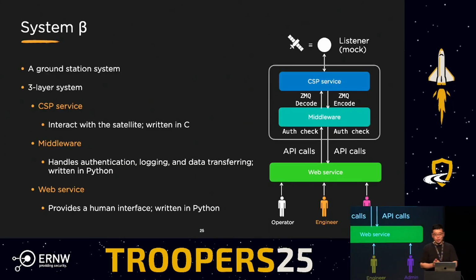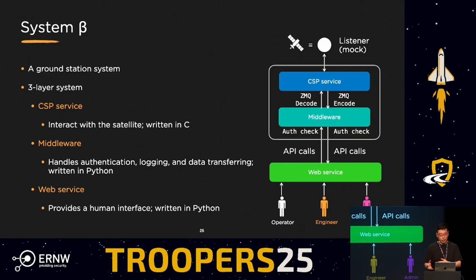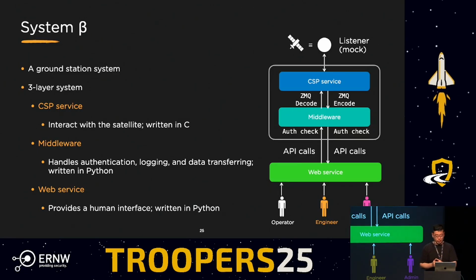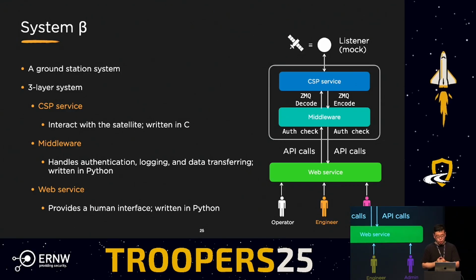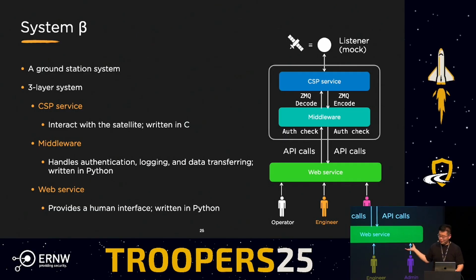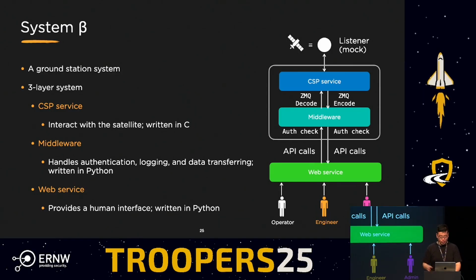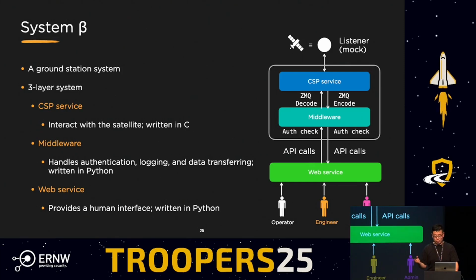In 2023, I had a chance to connect with satellite suppliers, and they asked me to help test their systems. Of course, I signed an NDA, and they have already reviewed this content and removed a bunch of the details, but I hope you can still enjoy it.